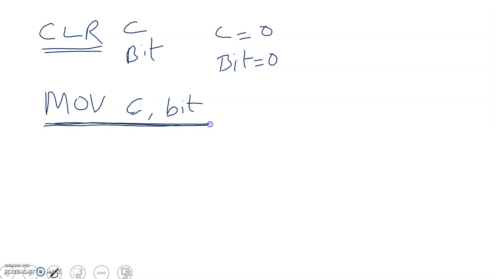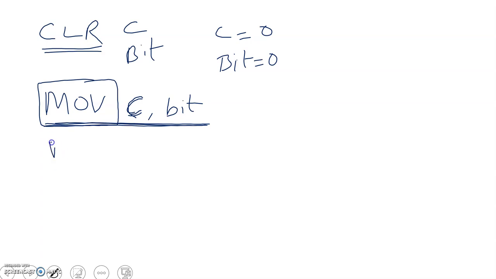We know that MOV is a data transfer instruction, but earlier we used it for transferring 8-bit data between two addresses or from the accumulator to a register or vice versa. Here we are moving one bit from one position to another.